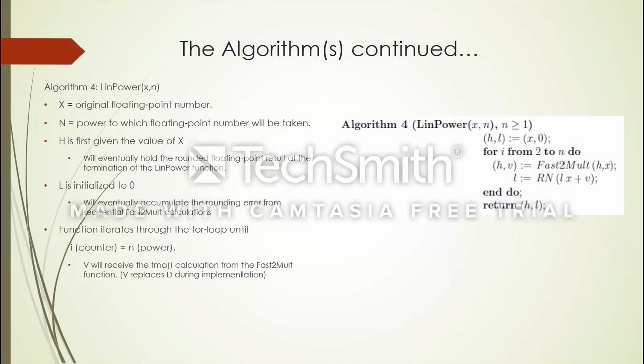The function iterates through the for loop until i, the counter, is equal to n, which is the power. In our implementation, v will receive the FMA calculation from the fast2mult function, and v actually replaces the variable d seen in algorithm 4 in our implementation.